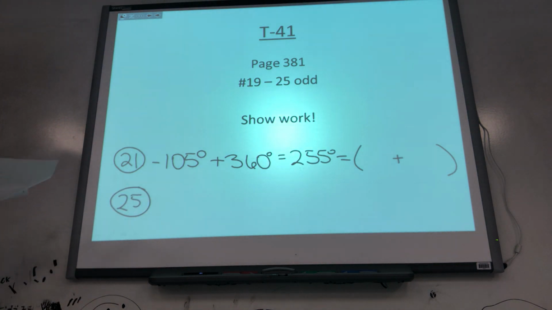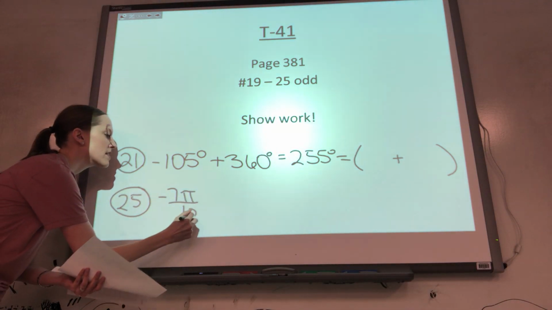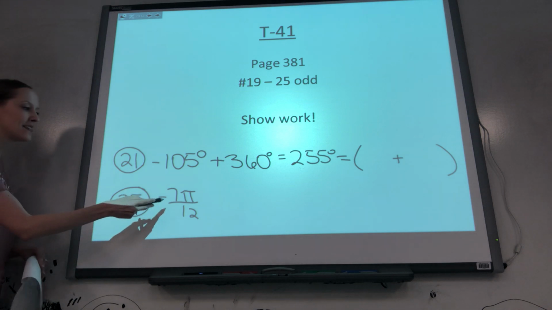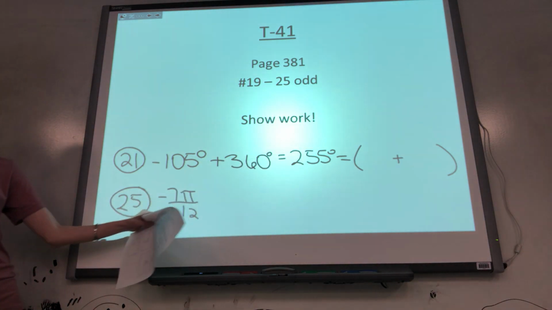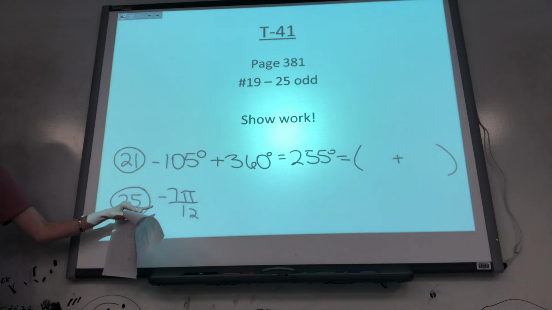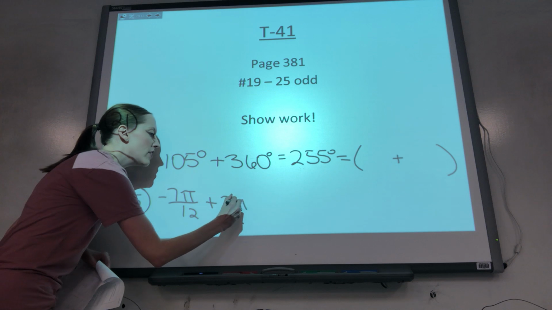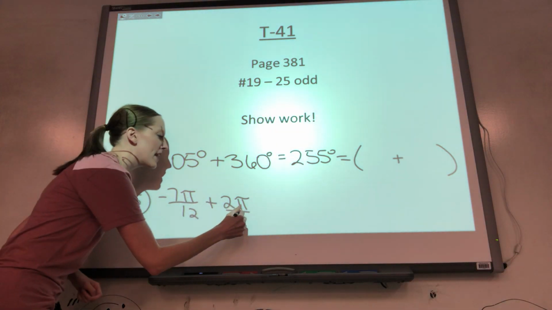But then if you go to number 25, it's another negative. It's negative 7 pi over 12. And this is in radians. So do you remember what to add for a coterminal angle in radians? 2 pi. Now, the 2 pi, you may have to rewrite a little bit so you have common denominators.